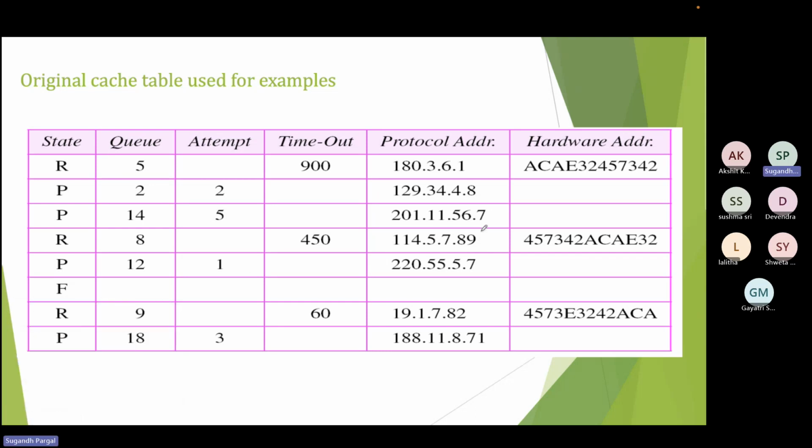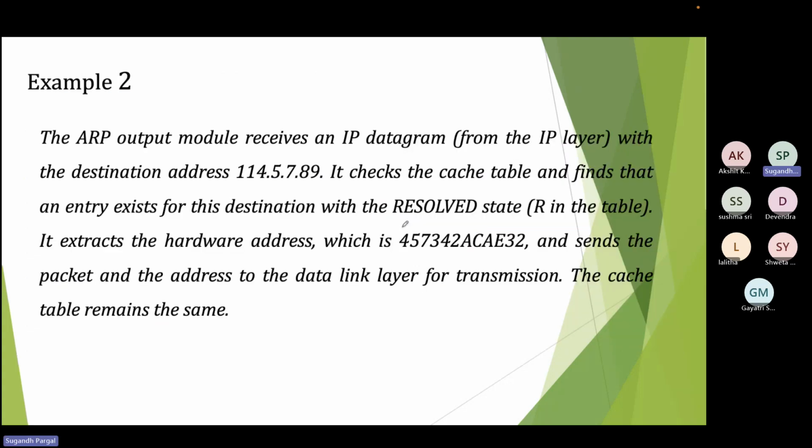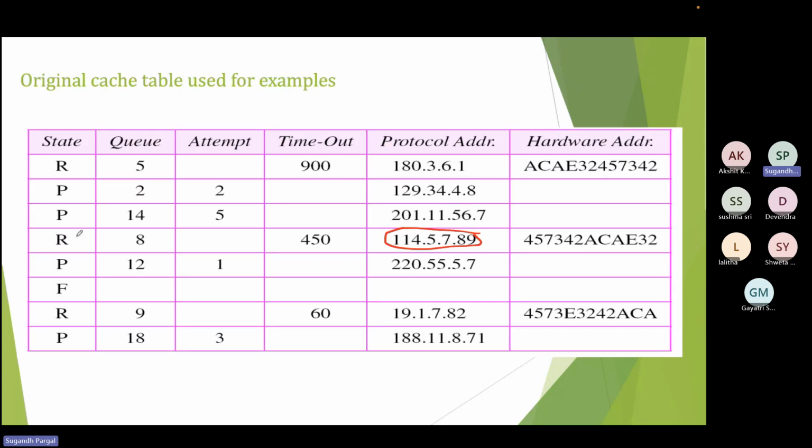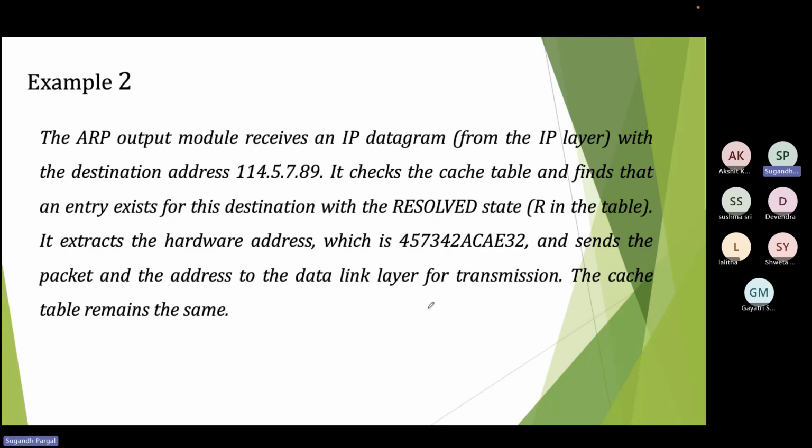It finds that an entry exists for this destination, and the state is resolved. That means it has the hardware address of that particular entry. So if the hardware address is there, it sends the packet and the address to the data link layer for transmission. So the cache table remains the same as it is.